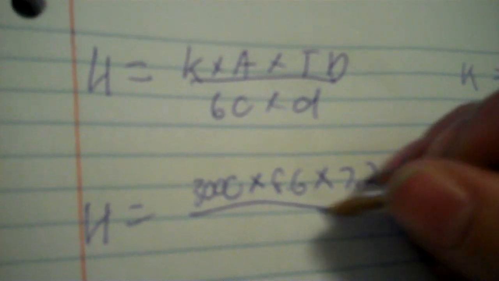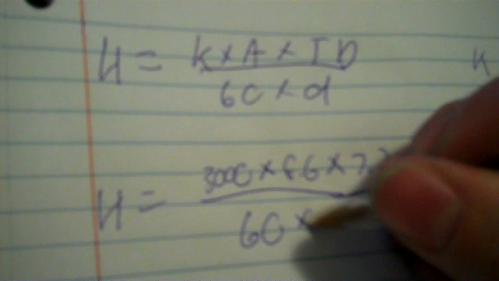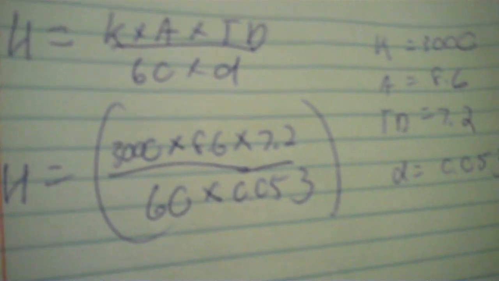K, 3,000, A, 8.6, TD, 7.2, 60 times D, 0.053. That's all one big parentheses on the fraction, so we need to evaluate the top and the bottom and then divide. Well, the top's easy, it's all multiplication, so it all goes together.